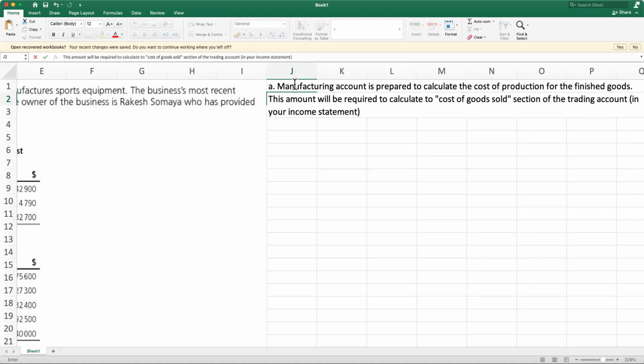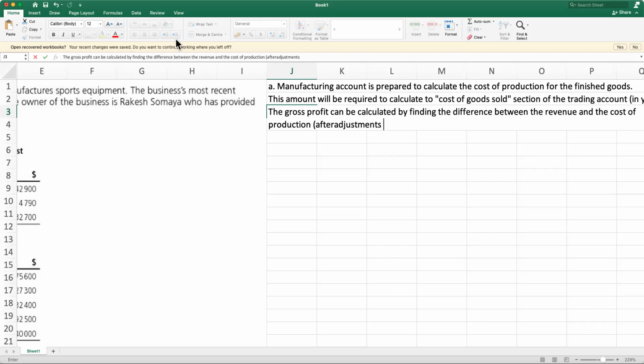So it acts like your cost of goods sold section, whereby since you're manufacturing, this amount will be used as your cost so that you can calculate your gross profit, by finding the difference between the revenue and the cost, after adjustments of inventory.